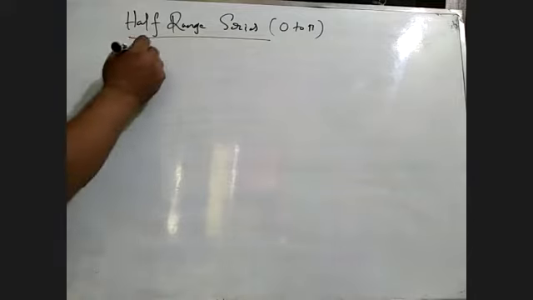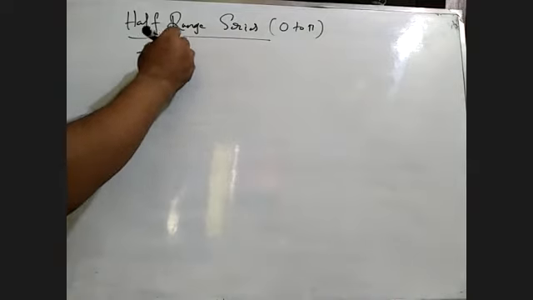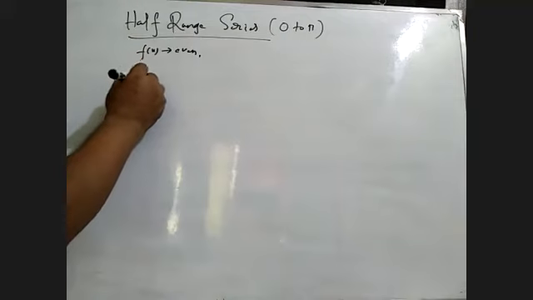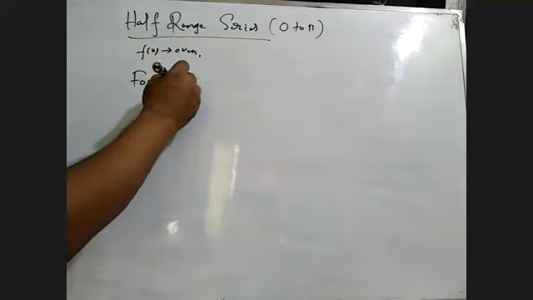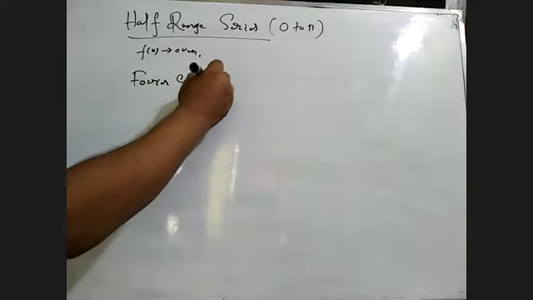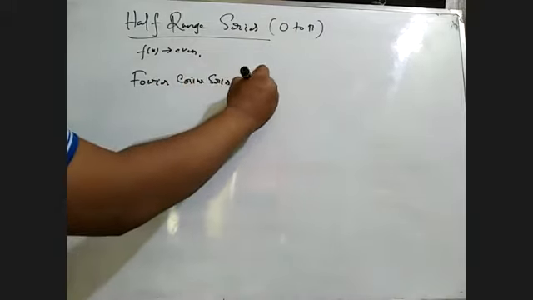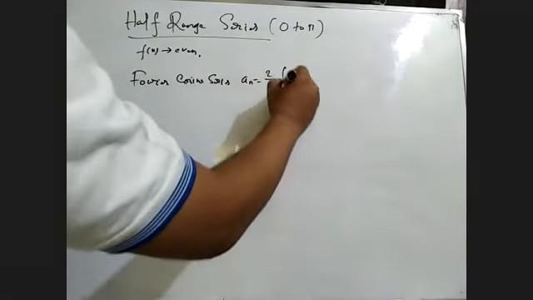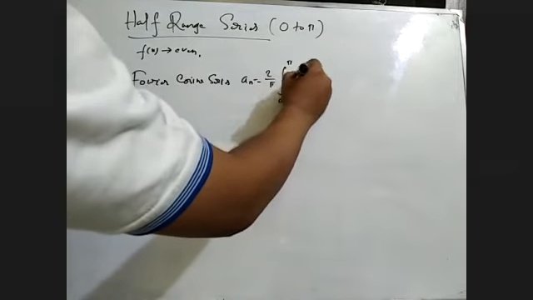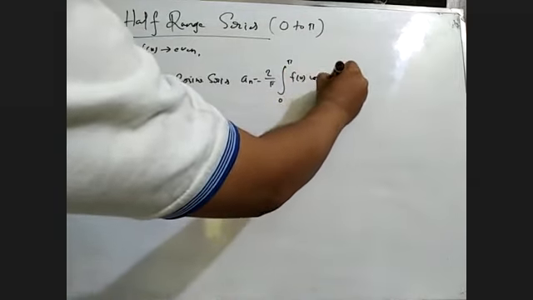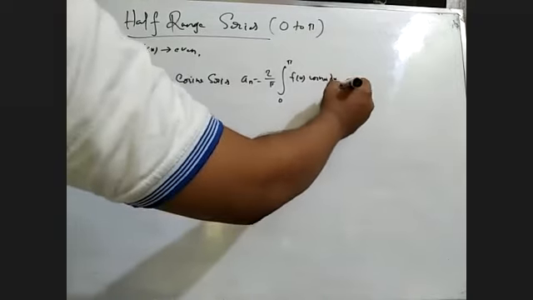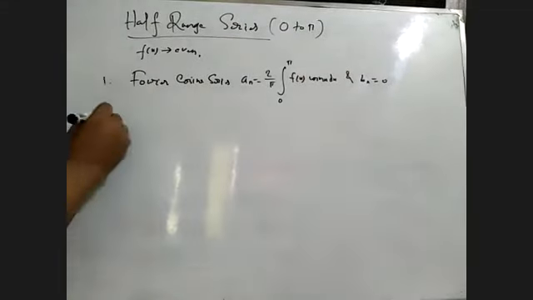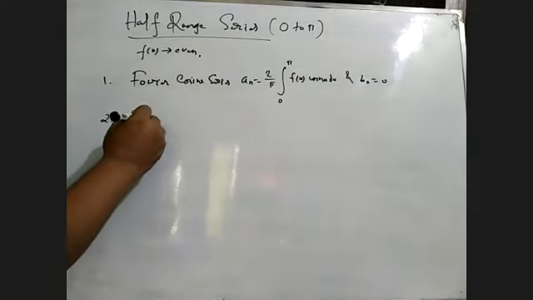Now if f of x is even, suppose f of x is even function, then Fourier cosine series will be like this: an equals 2 divided by pi, integral 0 to pi, f of x cos nx dx. And bn equals to what will be? 0. This is first formula, and second formula will be what?